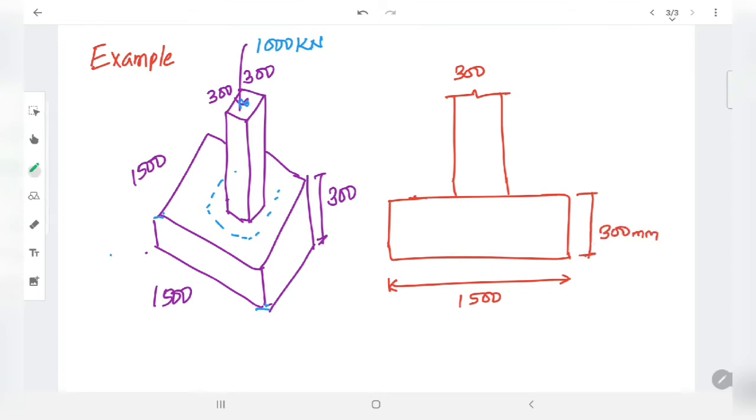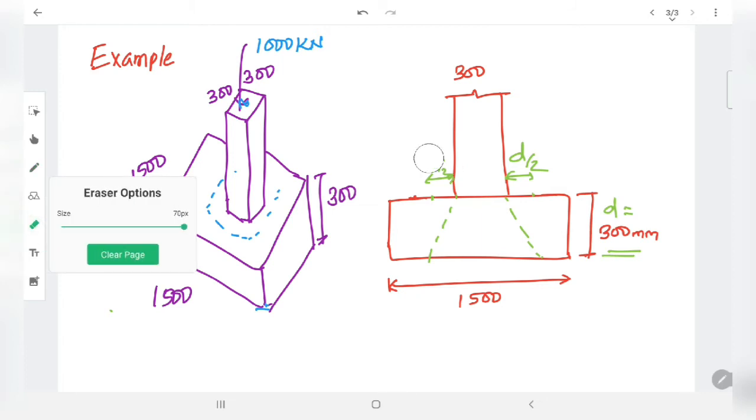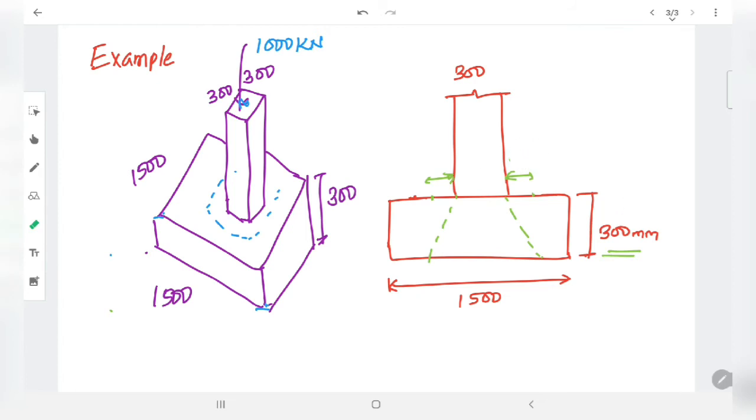Whenever the force acts, the punching shear or failure pattern will occur at a distance of d by 2. d is the depth of the foundation; you may write it as capital D also for overall depth. So d by 2, d by 2.